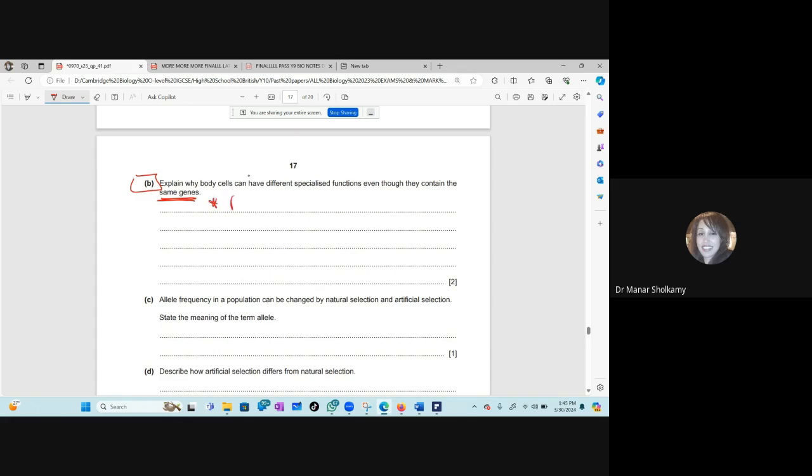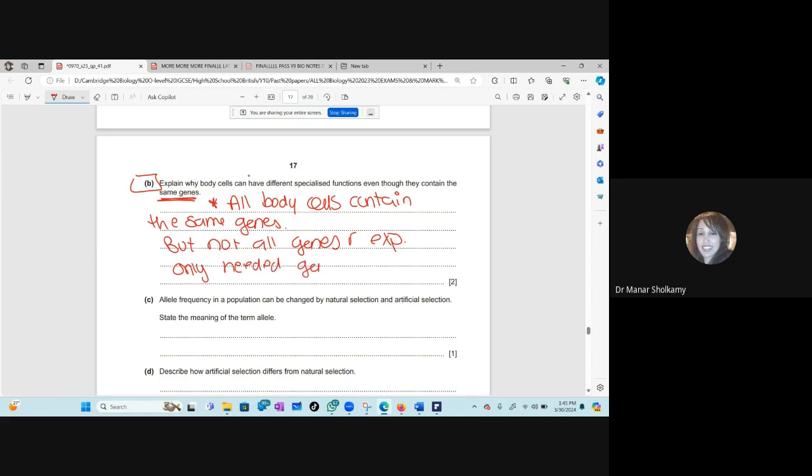So you will start by saying that all body cells contain the same genes. But just like you said, not all genes are expressed, only the genes that are needed, okay? Only needed genes or the needed proteins are expressed.